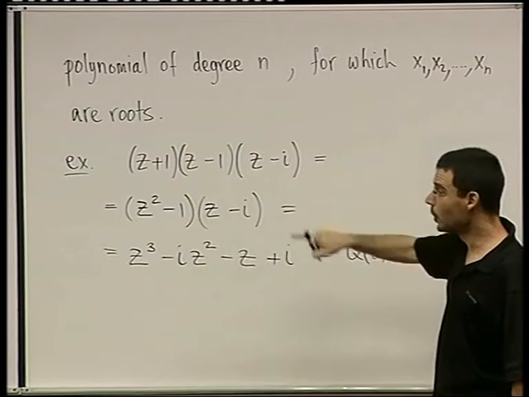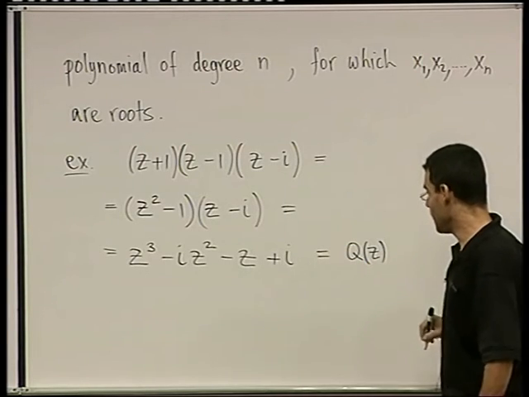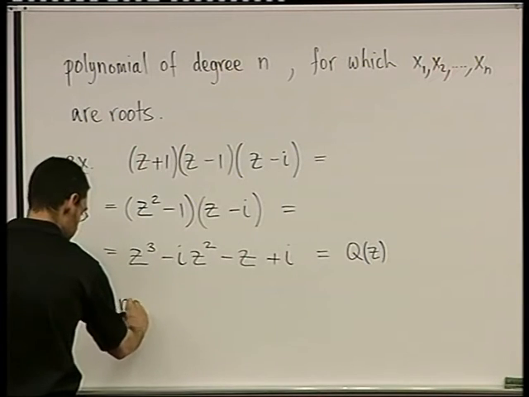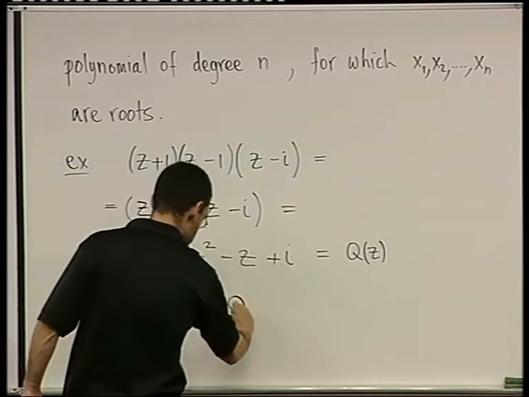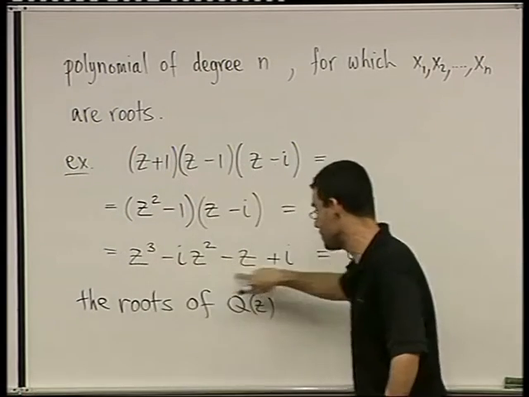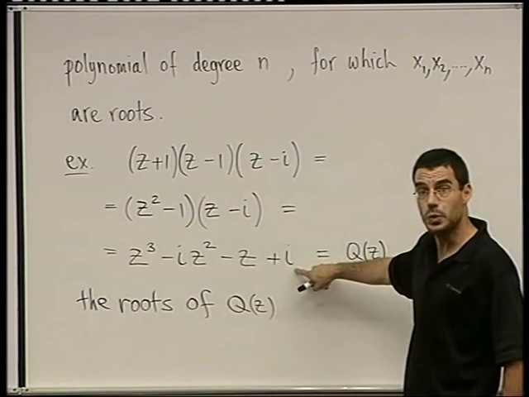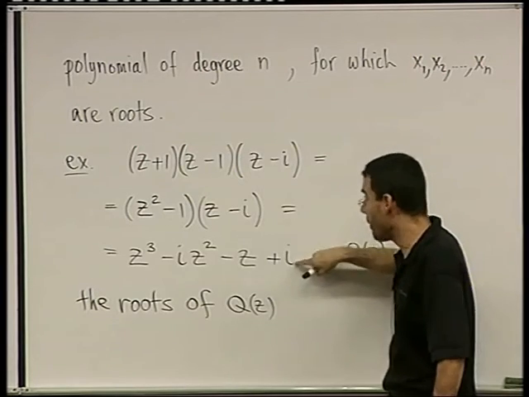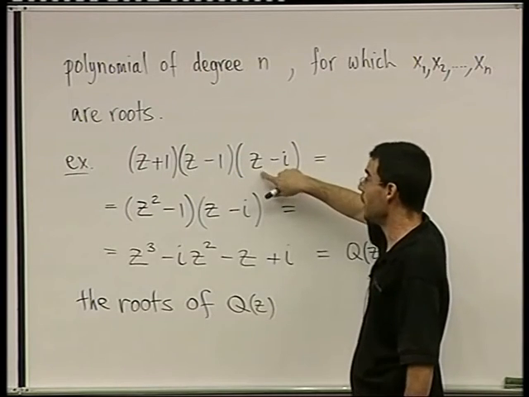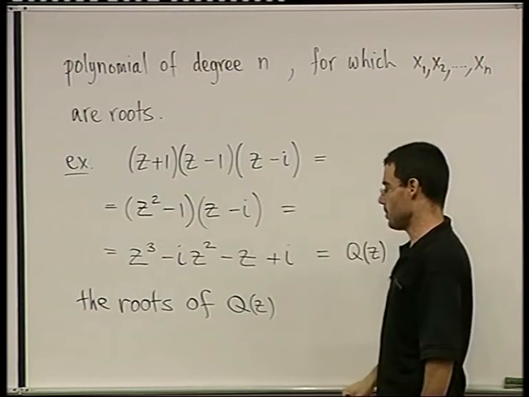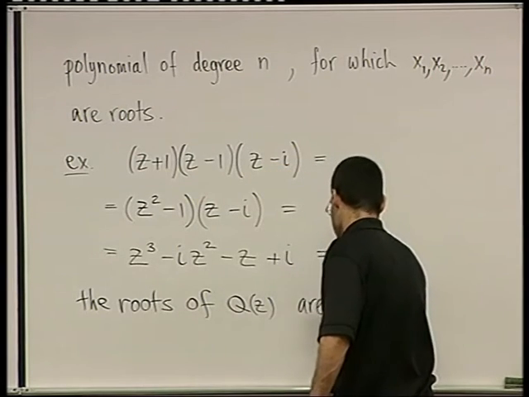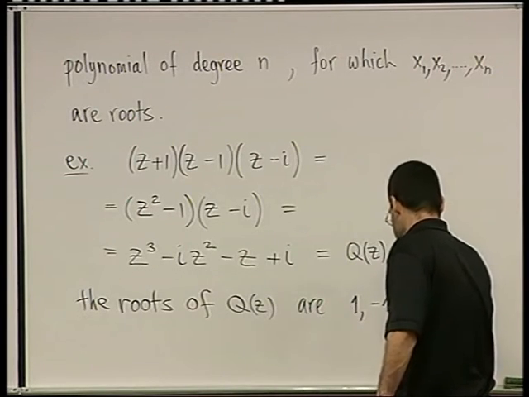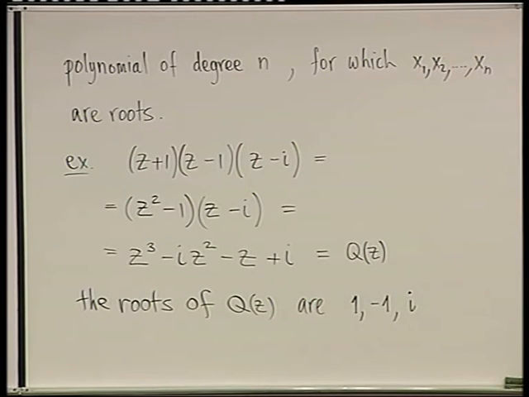So this is good old q of z from the beginning of this discussion, and its roots may not have been obvious if you look at this form, but if you know, and how do you know is a big question, but if you know how to go backwards, if you know to start from here and to get to this point, here the roots are obvious. The roots of q of z are 1, -1, and i. Those are the 3 roots of q of z.